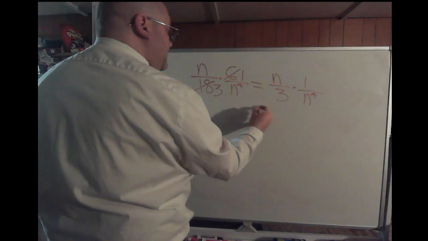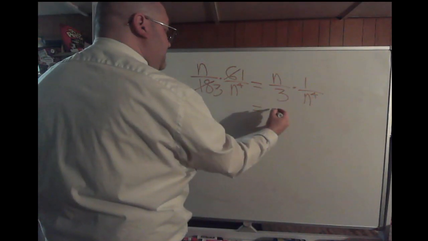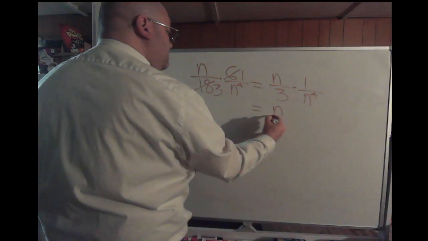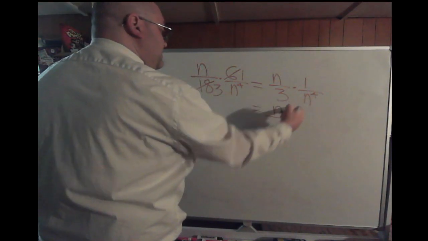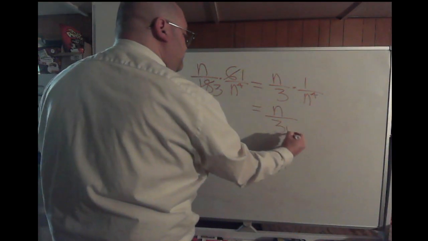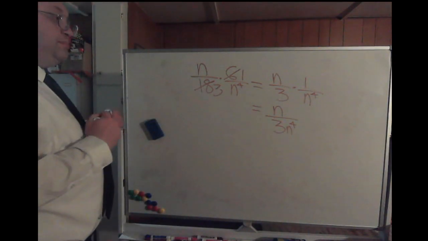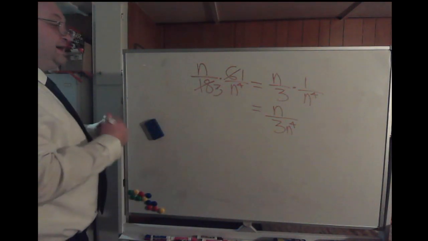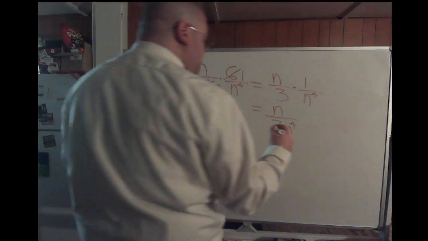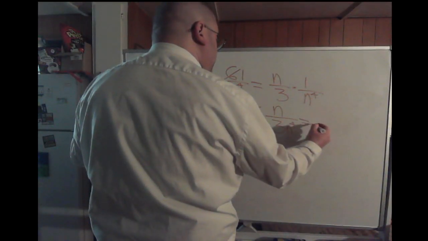Now I would go ahead, multiply these together. n times 1 is n all over, then you have 3 times n to the 4th. That'd be 3n to the 4th. Well, again, when we divide powers, we subtract. We subtract the powers.